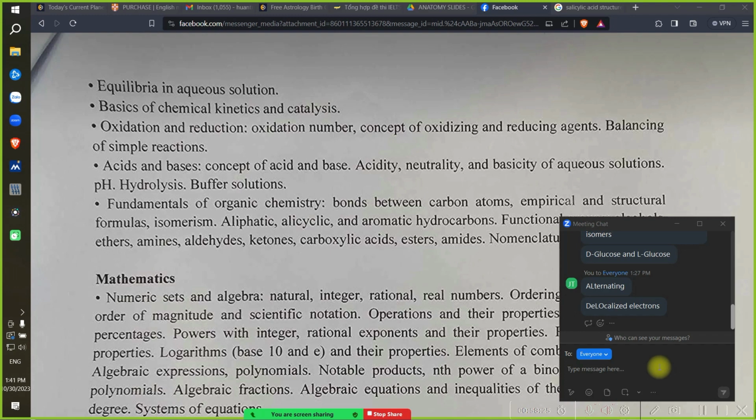Okay, you talk about alkanes now. Okay, sure. So, alkane is the hydrocarbon containing no multiple bonds.